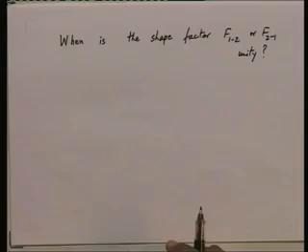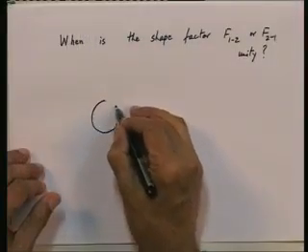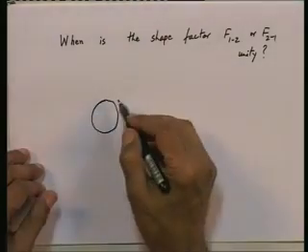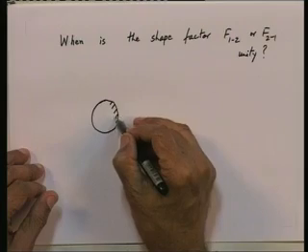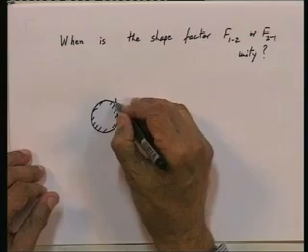All right. And when does this happen? I am talking of f 1 to 2. It will be unity when the surface 2 completely surrounds 1 and the surface 1 is completely convex. Let me give an example. Suppose I have a sphere, or a spherical shell, it does not matter, and I call it surface 1.